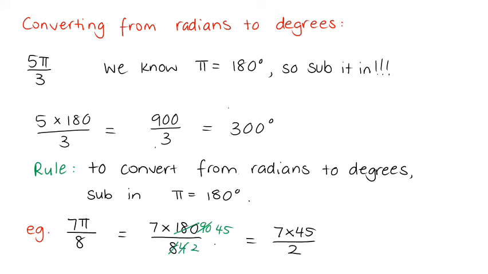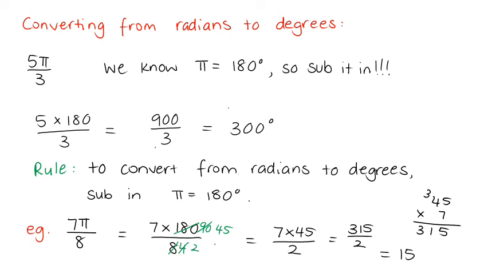You have to think back to year 8 doing long multiplication and division. Right, so you got your 45 times by 7. 7 times 5 is 35. Write the 5, carry the 3. That's 28 plus 3, 31. So 315 divided by 2.